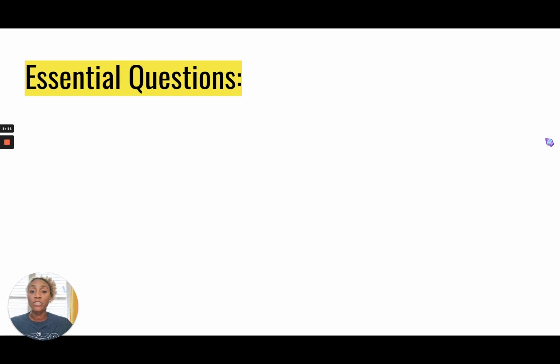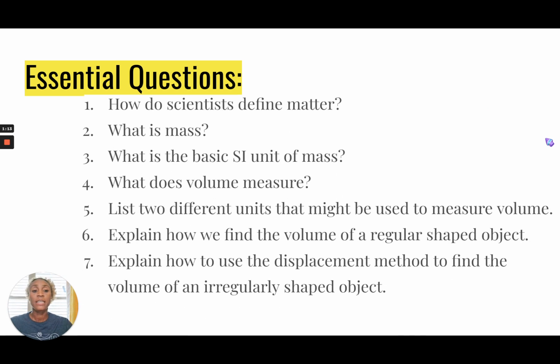Now for the essential questions that we need to be able to answer by the end of this lesson. How do scientists define matter? What is mass? What is the basic SI unit of mass? And the SI there means System International. It's just basically the metric system that they're talking about. So what's the basic SI unit for mass?